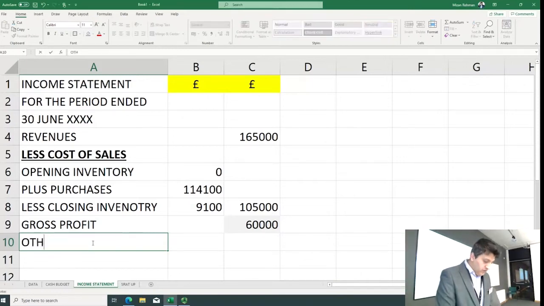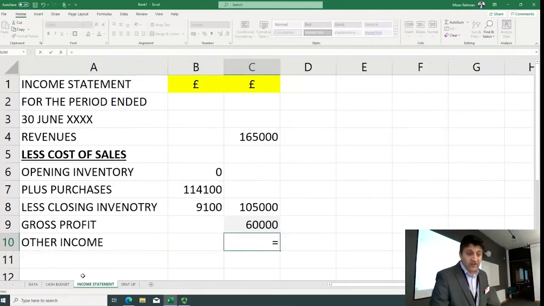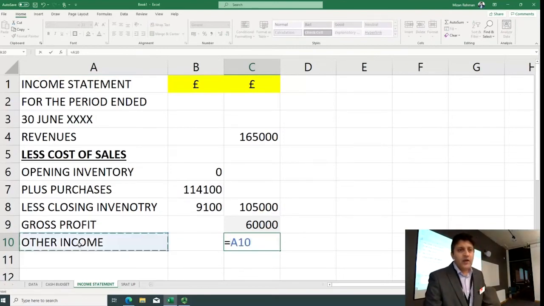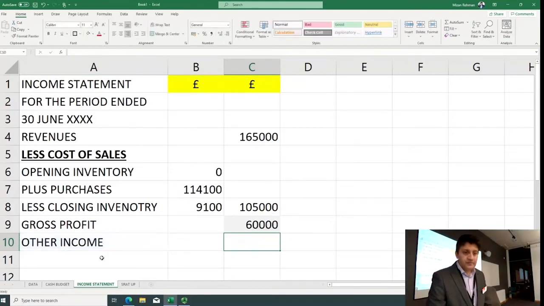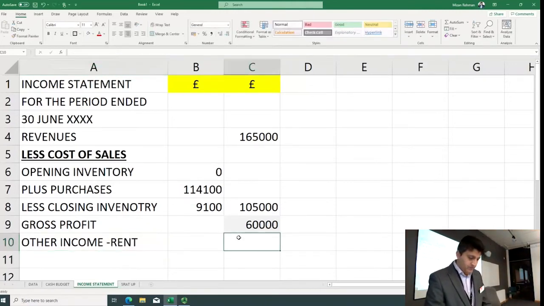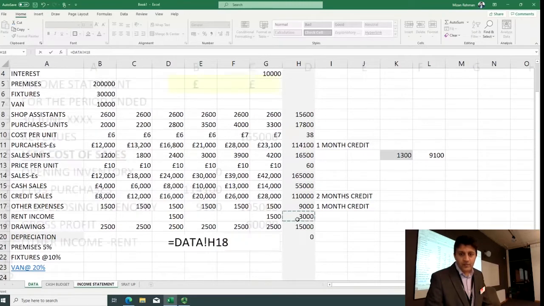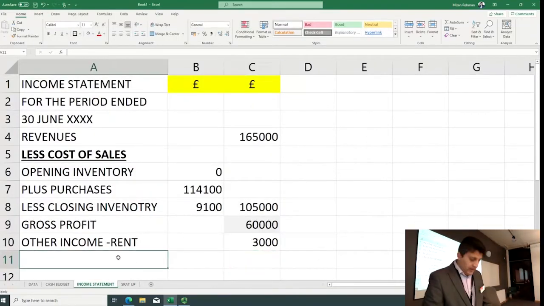So other income would first come. That's our rent receivable. Let's write it down as well. $3,000.